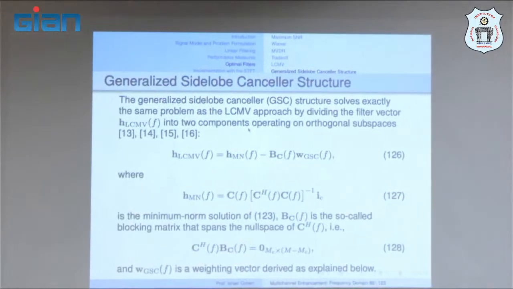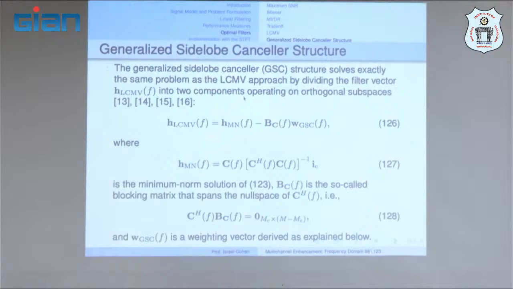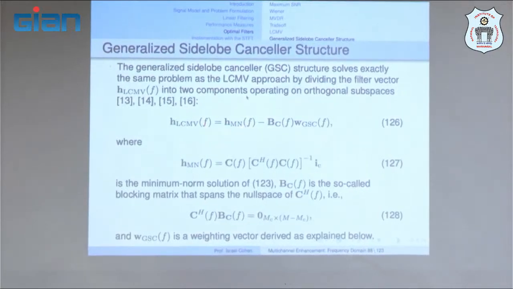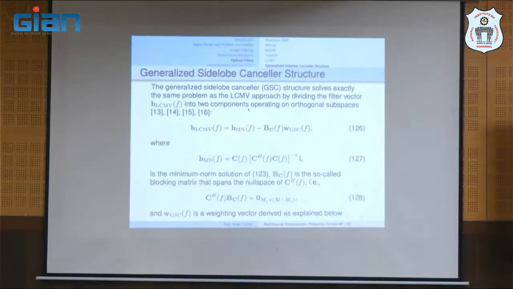Because instead of one constraint, we have multiple constraints. So what do we do? We can write the filter as two components, what I called here H0, which we will call the minimum norm. It doesn't really matter what you call it. But instead of finding one filter, we find two filters. One is H0 or HMN, the minimum norm, and we find another filter here.